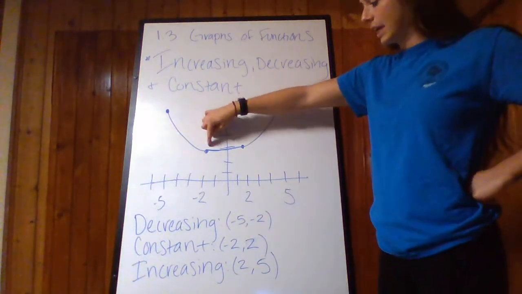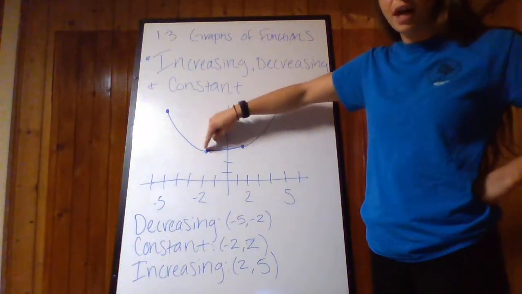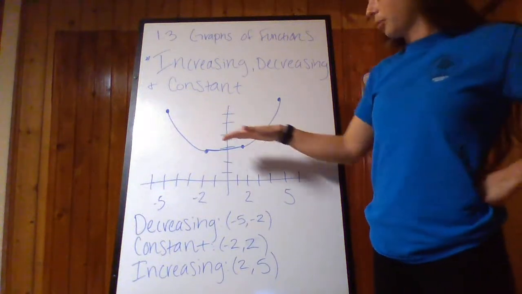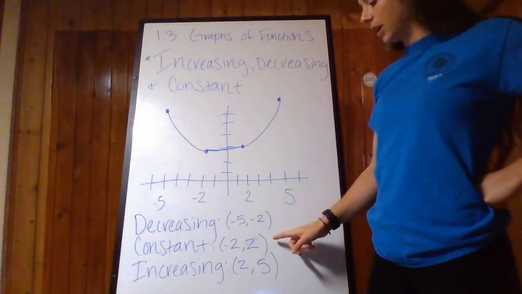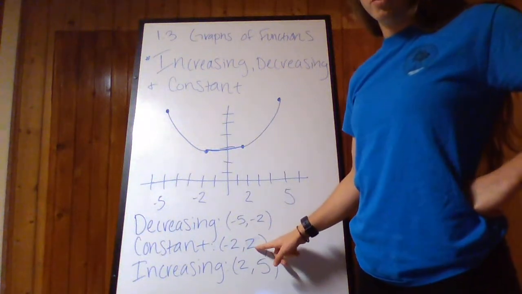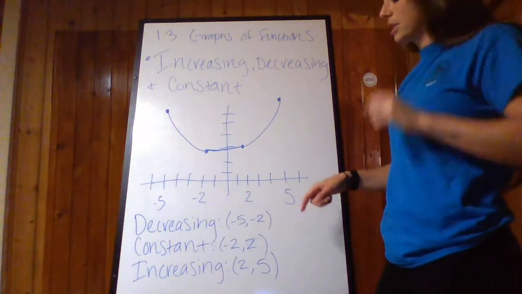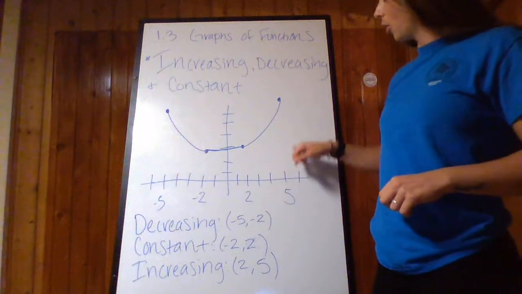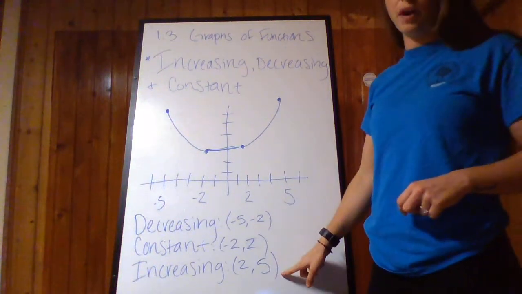Then between -2 and 2, we have this constant flat line. I'm not going up, I'm not going down, I'm just remaining along y equals 3. So that's the interval -2 to 2 for remaining constant. The function is increasing from this 2 all the way out to 5. That's how we get that 2, 5 interval.